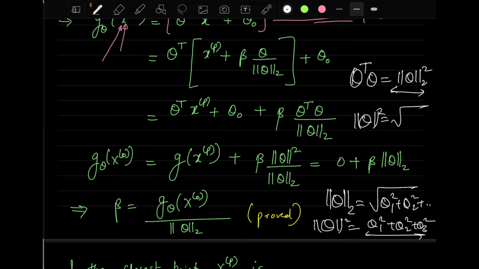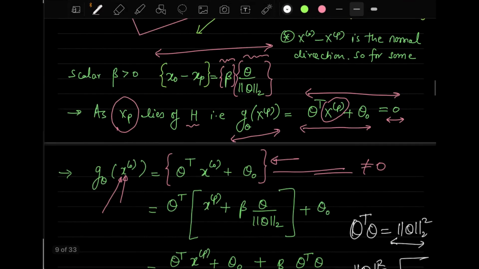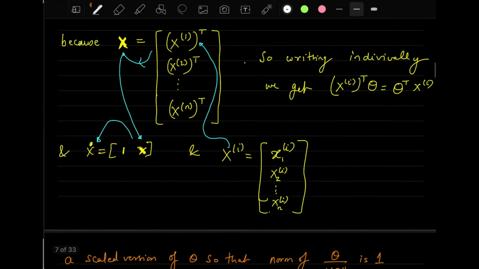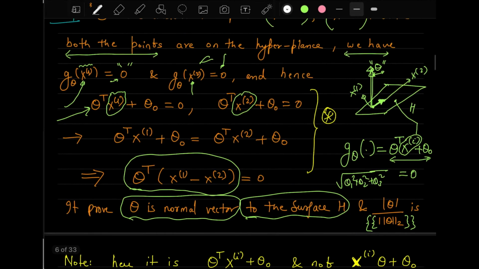Like in the first theorem, the previous theorem, we proved that it is 0. Yes, this is theta transpose times the normal vector, which is 0. But if we wrote this theta transpose times this theta, it was not 0. That's what I'm asking. First of all, this is theta transpose multiplied by the vectors which are in the hyperplane.